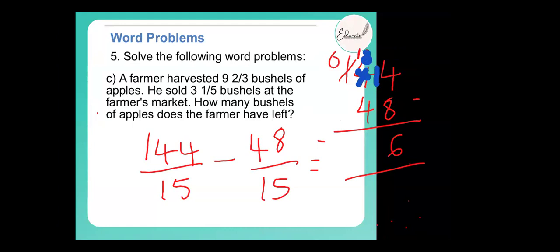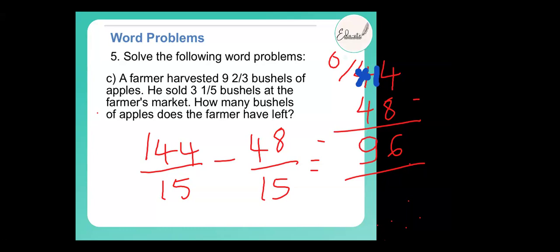14 minus 8 is 6. Then 13 minus 4 is 9. It's 96.